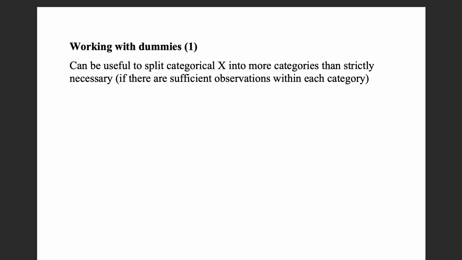So if you have so many observations within each of those categories that you are confident that yes, you can get some reliable estimate of a regression coefficient for the category that we are analyzing. So if you have sufficient data, sometimes it can be useful to split your x variables up into more categories than you strictly would need based on your theoretical hypothesis.